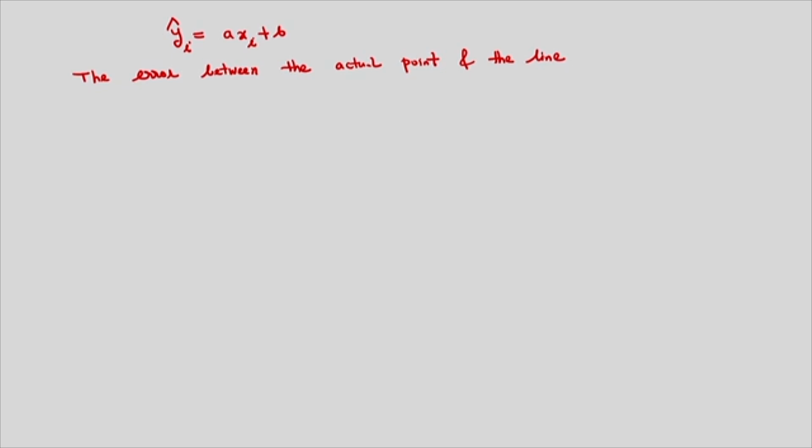The error between the actual point and the line I can write like this, e i is the error, this y i is the actual, and this y hat is the predicted value of y. So, now I have to compute the error.